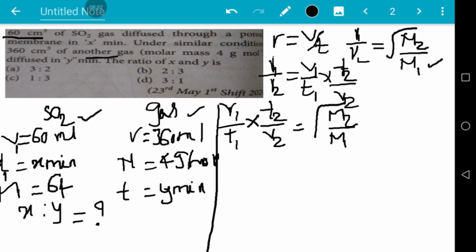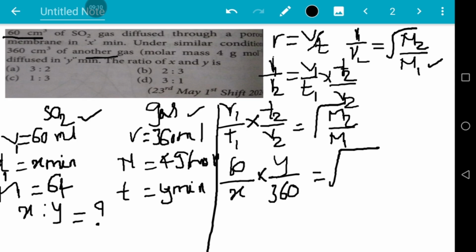Now substitute: V1, the volume of SO2, is 60, by T1, which is X minutes, into T2, the other gas time, Y minutes, by V2, which is the 360 ml they gave, equals root over M2, the molar mass they gave, 4, by M1, the SO2 mass, 64. So these are the values.